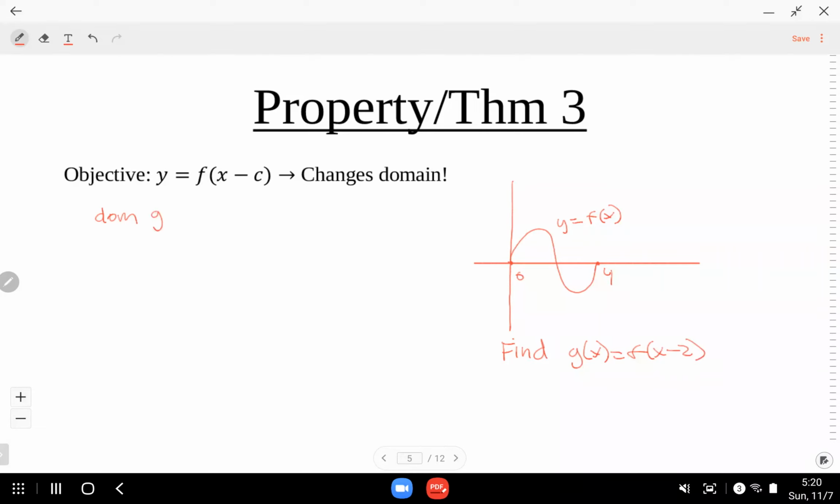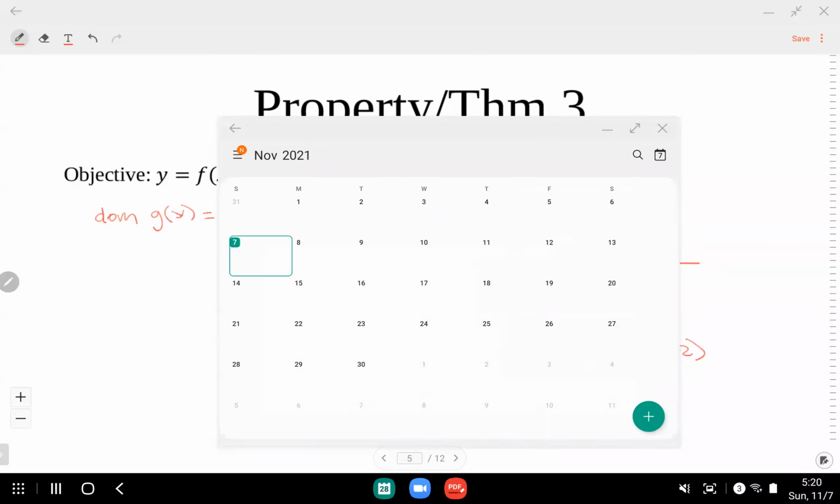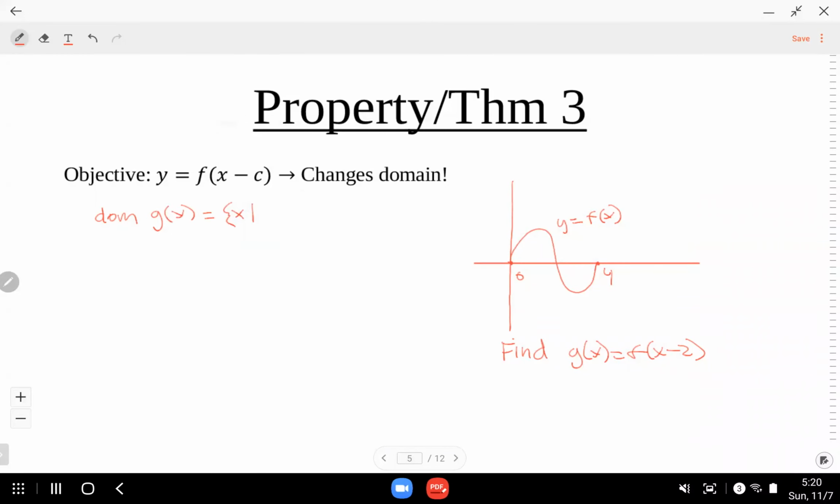So the domain of g of x would equal x that is real. Of course, you need a real x. And since f of x is in the domain 0 to 4 inclusive, then for g of x you can get this inequality. All we need to do is solve this to find the domain of the new function g of x.